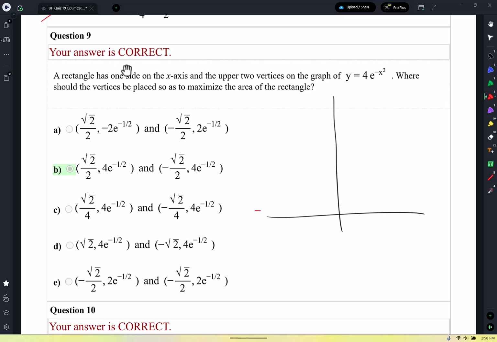All right, here it is. I believe it looks something like this. Dang it, let me draw it better. It looks something like this.